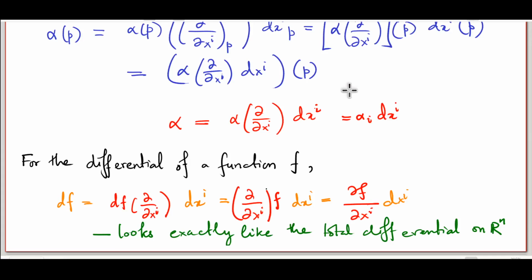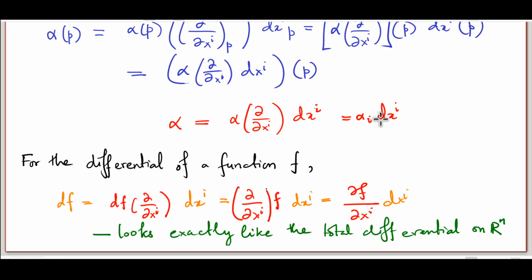Now, one big utility of expressions like this is that by inspecting the component functions, which are of course more familiar objects to us than covector fields, we can often decide on the nature of the covector field. For example, we can tell whether a covector field is smooth or not, whether it is really a differential form or not, by taking a look at the smoothness of these component functions.